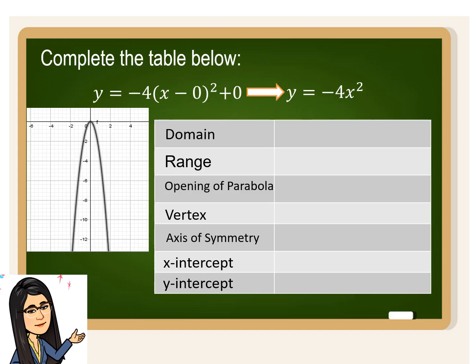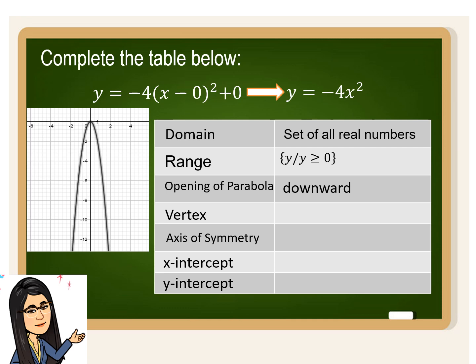Let us complete the table. The domain is the set of real numbers. The range pertains to the k value. So y is the set of numbers where y is less than or equal to 0. How about the opening of the parabola? Since the value of a is negative 4, it opens downward.